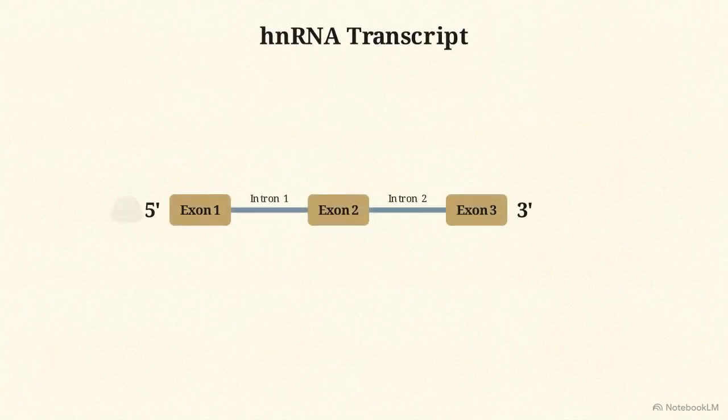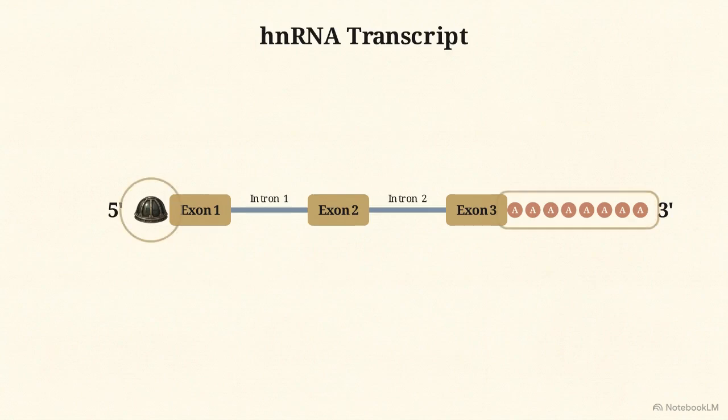The cell attaches an unusual nucleotide, methylguanosine triphosphate, directly to the 5' end of the transcript. Next is tailing. The machinery chains 200 to 300 adenylate residues to the 3' end in a template-independent manner. This cap and tail armor prevents cellular degradation mechanisms from destroying the transcript while it is in transit.